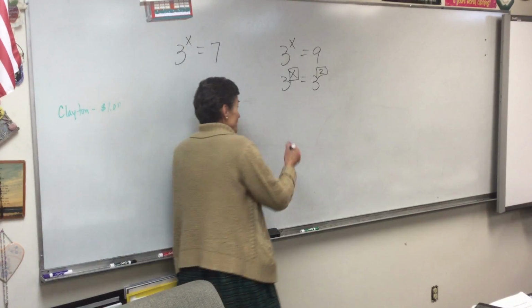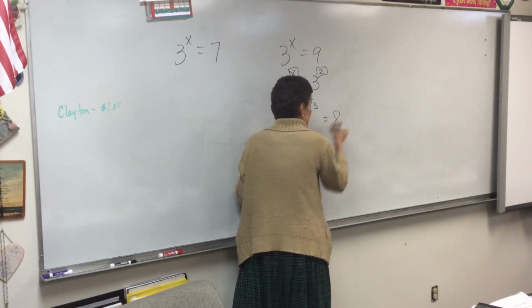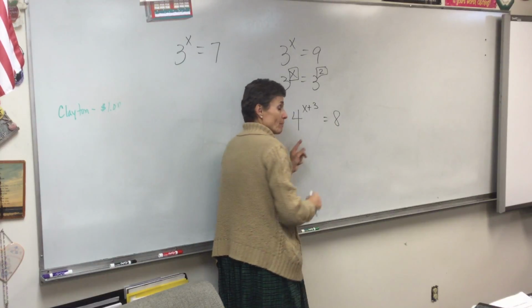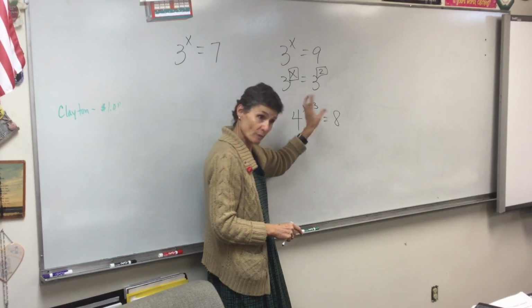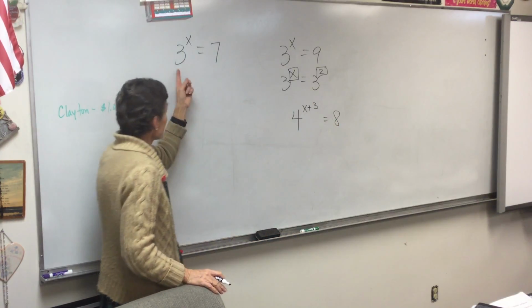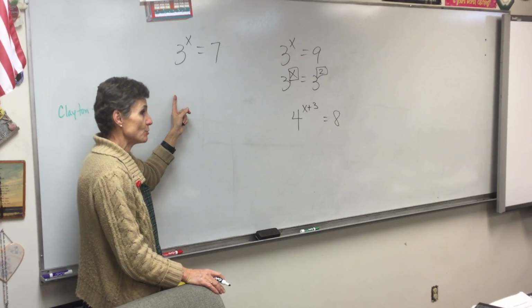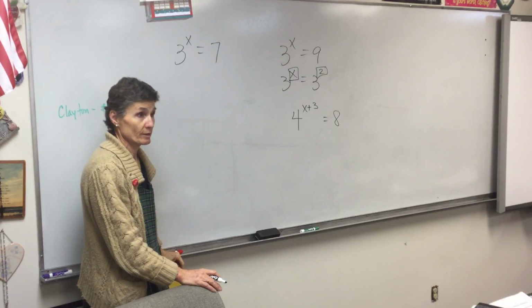A minute ago, I did a hard problem on the board. I don't remember exactly what it was, but it was something like this. And these aren't powers of each other, but you can change them both into 2's. So that's great. Can you change these into anything? No. So the only way to do this problem is to use logarithms.